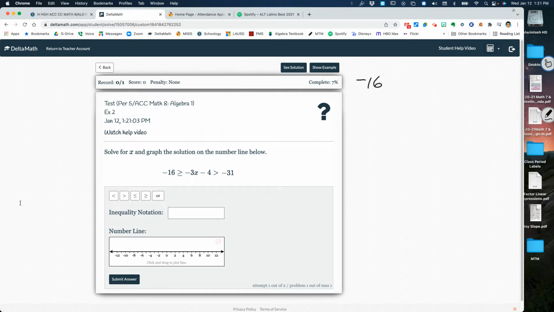Negative 16 is less than or equal to negative 3x minus 4, less than negative 31. Whoa. Okay. So we're going to solve this one. Write that down.